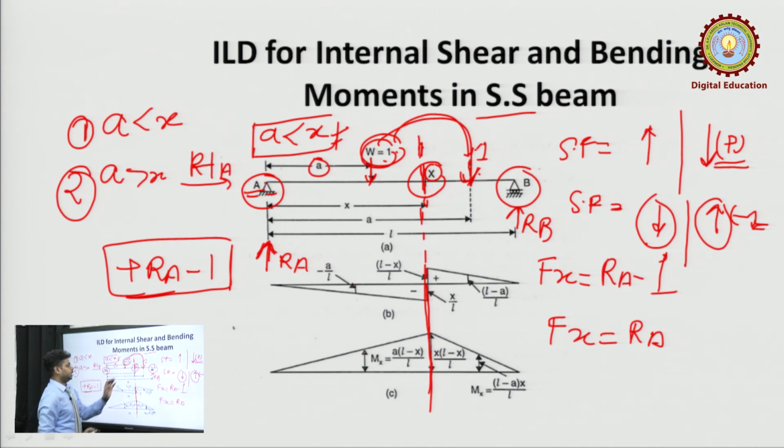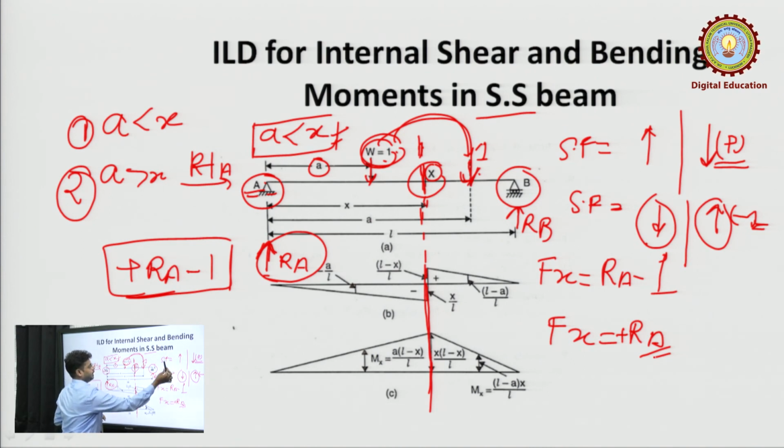If the unit load is here, on the right side of the section there is no other load, only the Ra force. Then the shear force will be positive Ra, which means the left side of the section is going upward, so we take a positive sign.